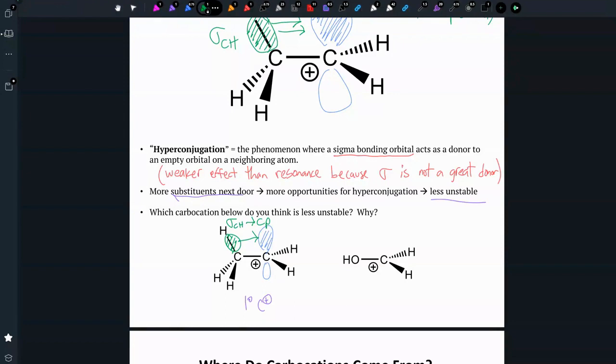If I consider the case on the right, though, this is a case where we actually have resonance. So in this case, what can donate to my empty p orbital is my lone pair on oxygen. My lone pair on oxygen can line up and make a pi bond.